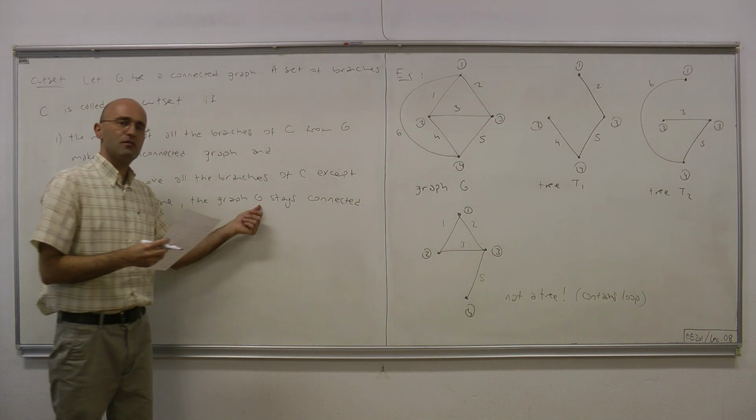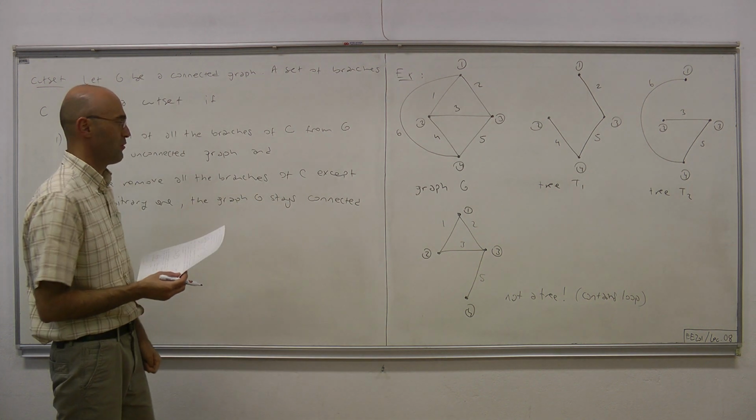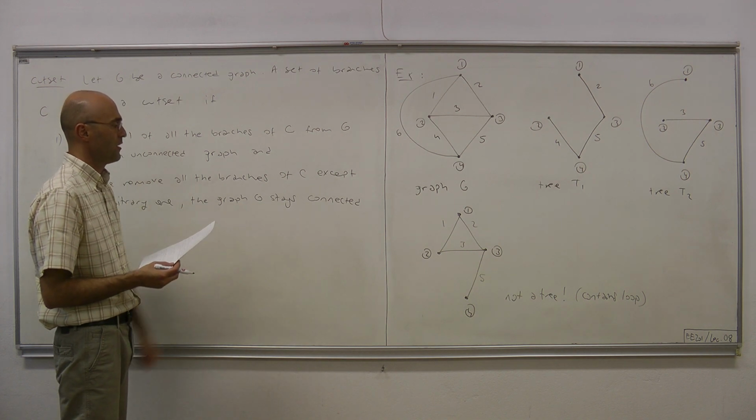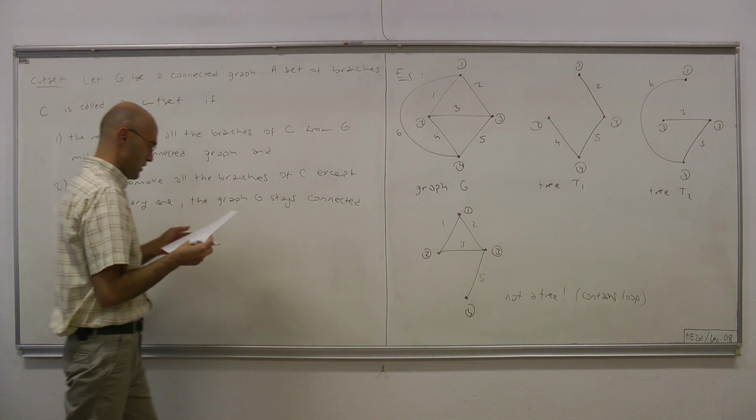Well, in that case, it perhaps no longer is called graph G, but it's just a subgraph that remains from G, and it stays connected. Okay. So let's see an example.